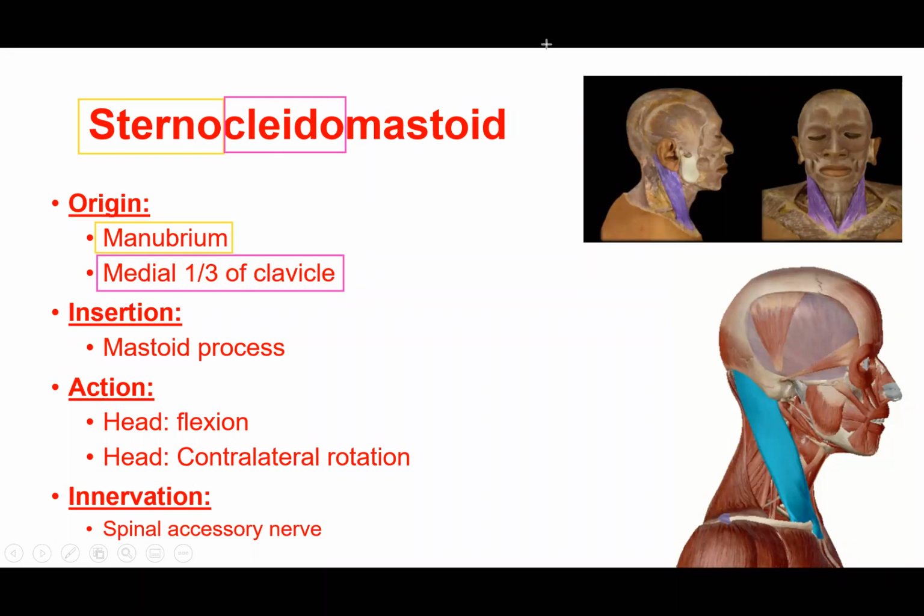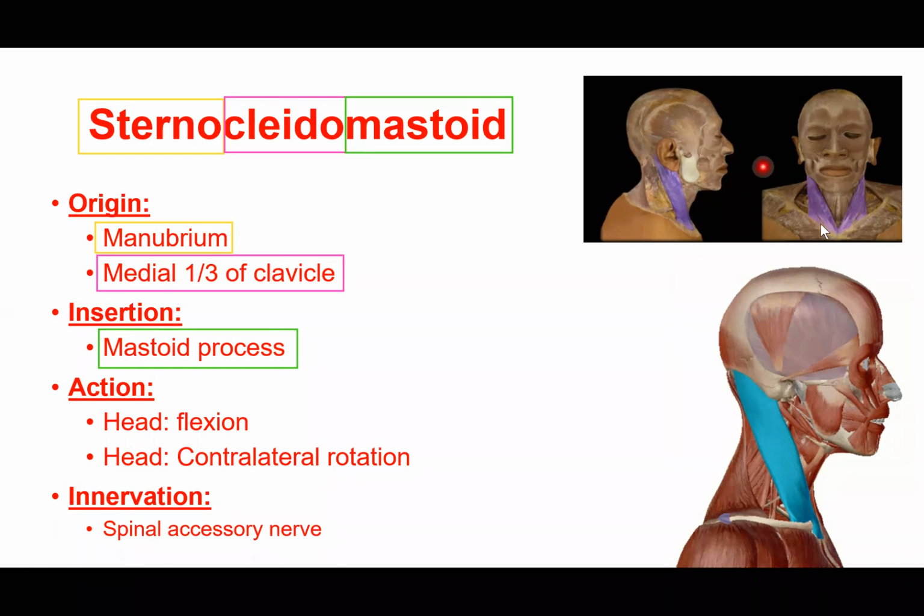And then, of course, the mastoid part of sternocleidomastoid is because the muscle inserts onto the mastoid process. So this is one where it's really easy to remember the origins and insertion, because the muscle is literally named for the origins and the insertions.